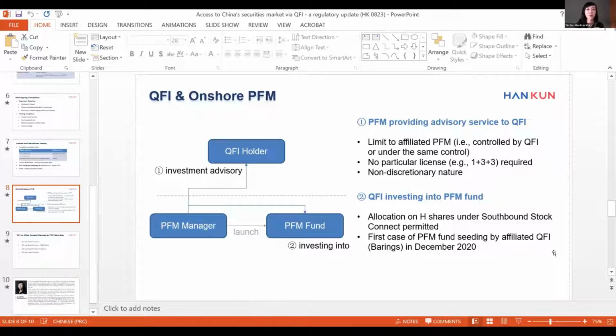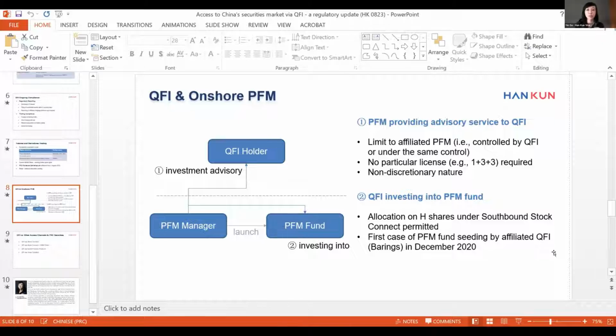At the same time, because the onshore PFM, as a private fund manager under the PRC law, needs to launch private funds, particularly the very first private fund within 6 months after they are registered with the PRC authority, the CSRC has allowed the QFIs to invest in the onshore PFM funds, not limited to affiliated PFMs.